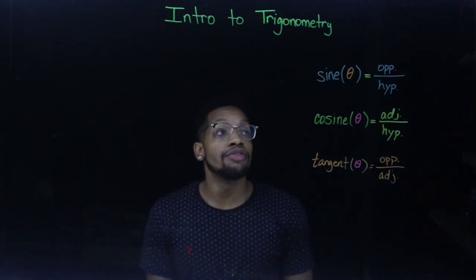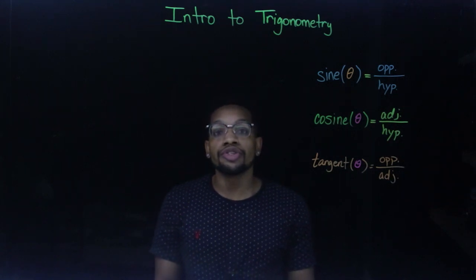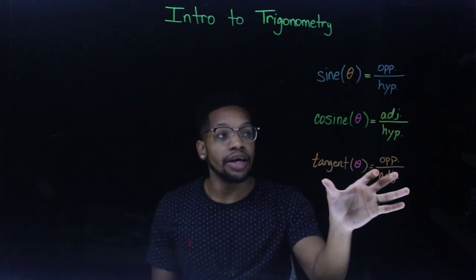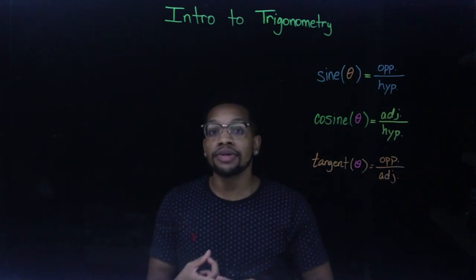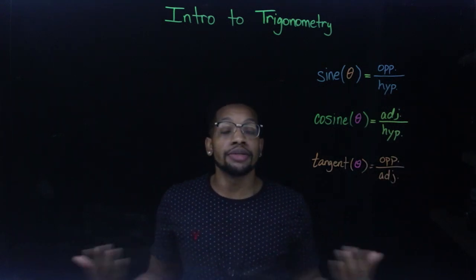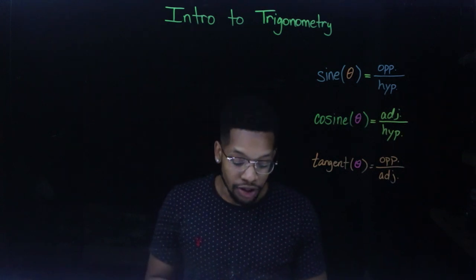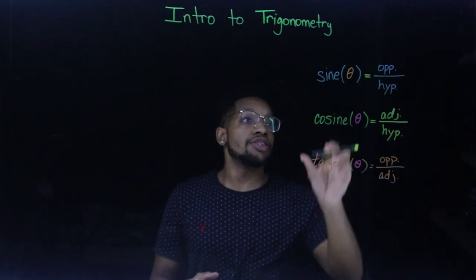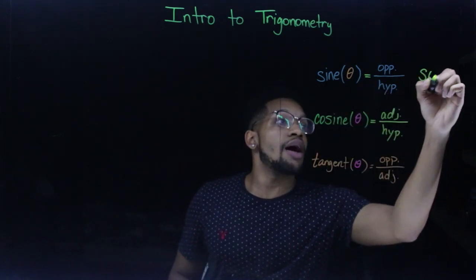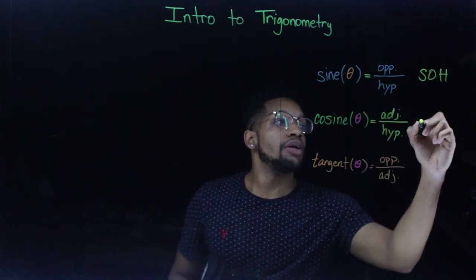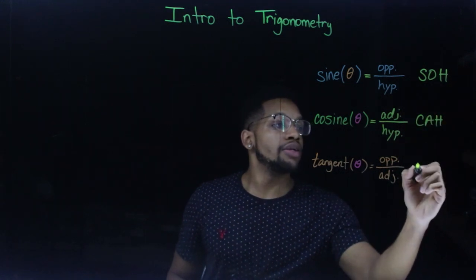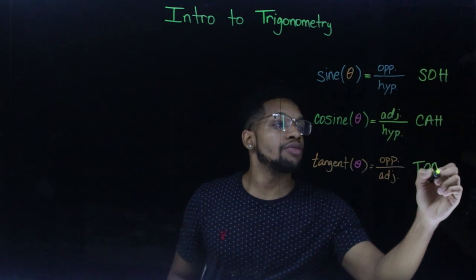So those are the 3 trig functions that you're gonna use whenever you're doing a trigonometry problem. If you can remember this, and if you can remember how to identify opposite, adjacent, and hypotenuse, that's basically all trig is. So one trick a lot of people like to teach is just to know that the sine is the opposite over hypotenuse, the cosine is adjacent over hypotenuse, and then the tangent is opposite over adjacent.